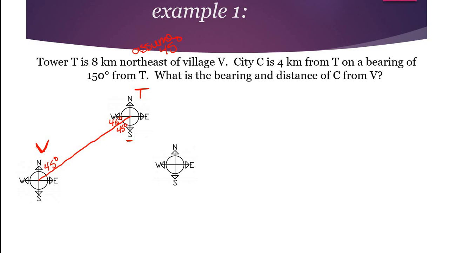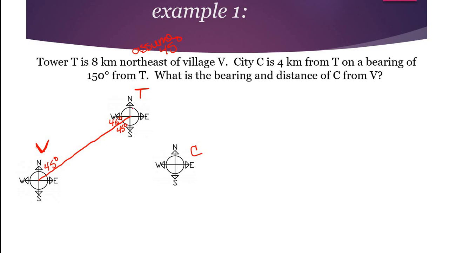So you have to be careful when you complete triangles that you don't always know if you're coming in directly at a compass bearing. All right, then we have city C is 4 kilometers from T on a bearing of 150 from T. So this is city C, very unique names.